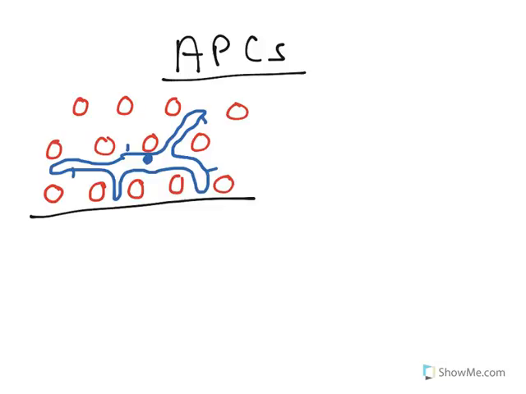Now, if the antigen presenting cell detects a pathogen, which we'll use a green blob to represent here, then the APC ingests that pathogen, it phagocytoses it into its cytoplasm, and then the antigen presenting cell itself migrates out of the skin to a lymph node.